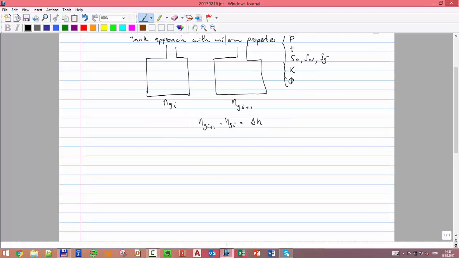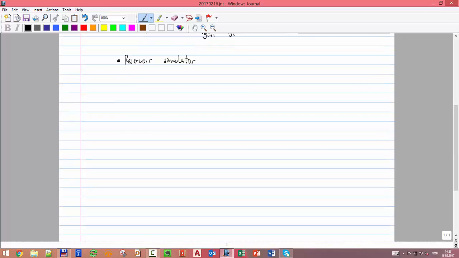Then we have a reservoir simulator. I have a set of differential equations that describe the physical phenomena that is happening in the reservoir.